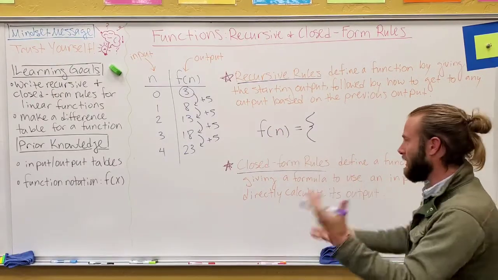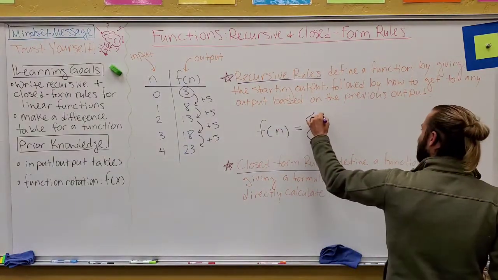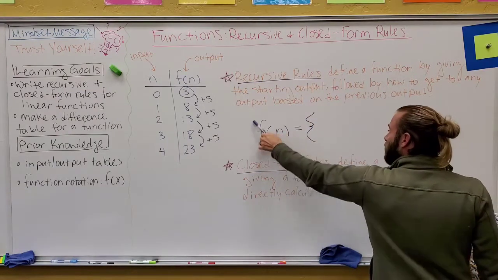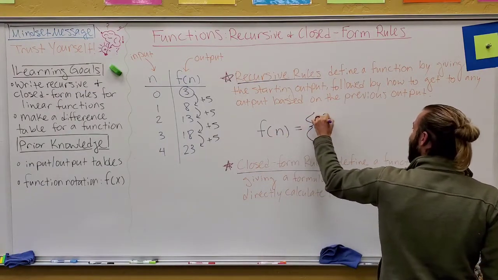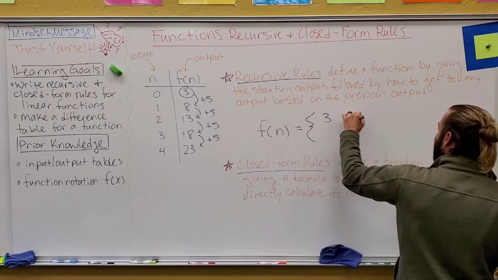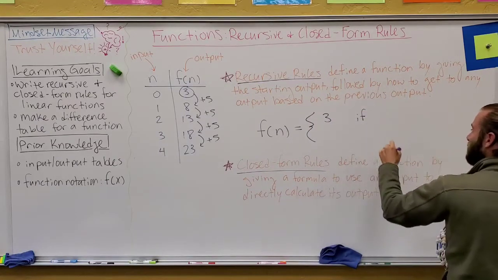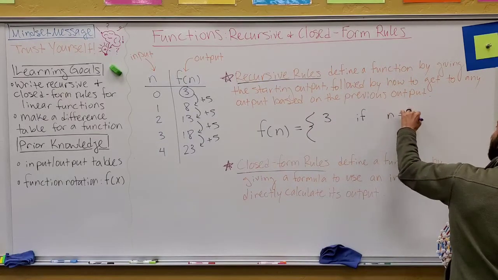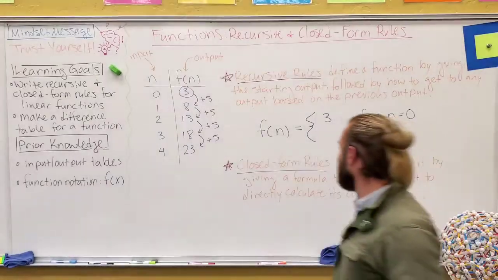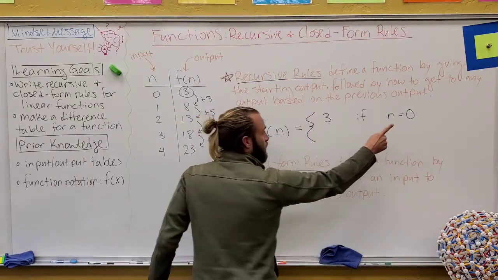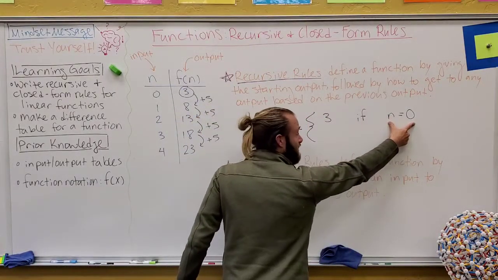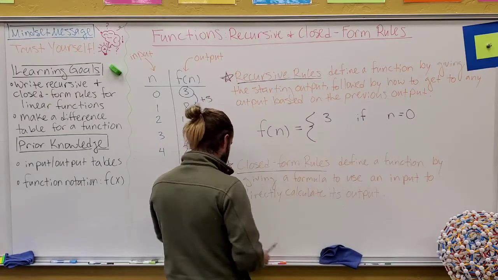So what we say here is f of n equals 3, and we use a little bit of words in here, if n equals 0. What that's saying is, here's my starting output: when the input is 0, the output is 3.